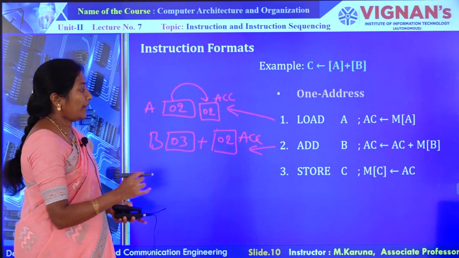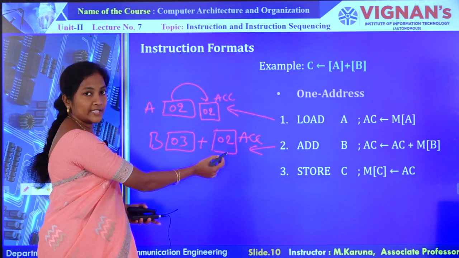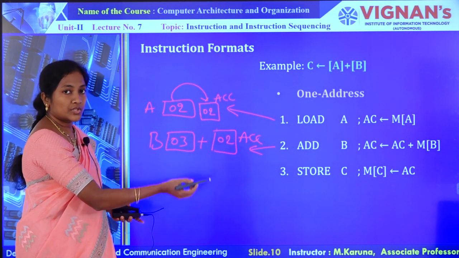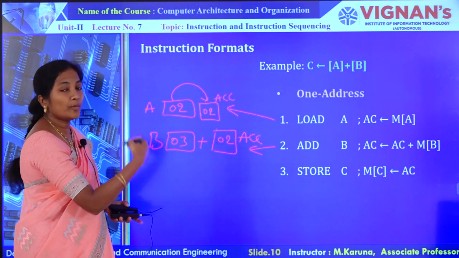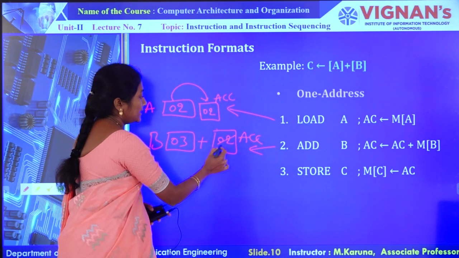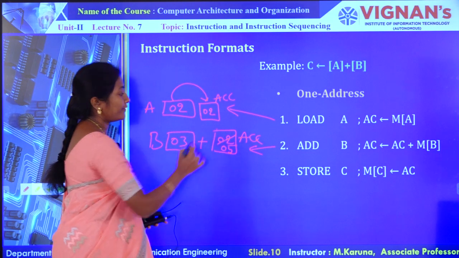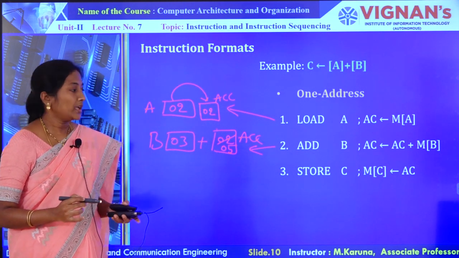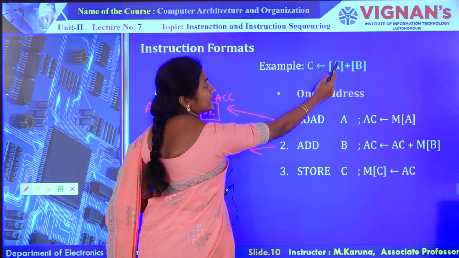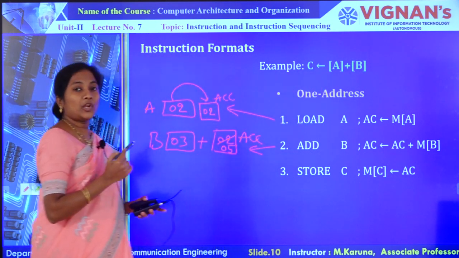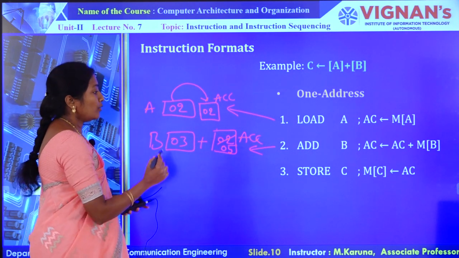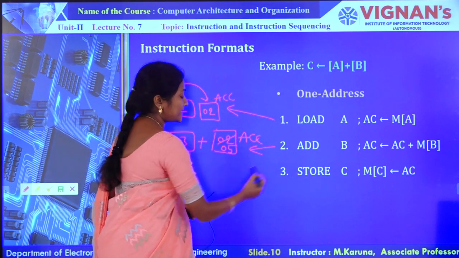Here, after performing this addition operation, the output will be automatically stored in the accumulator, that is 05. Now, according to our example, the sum will be stored in the memory location pointed by C. So, we have to use the store instruction.